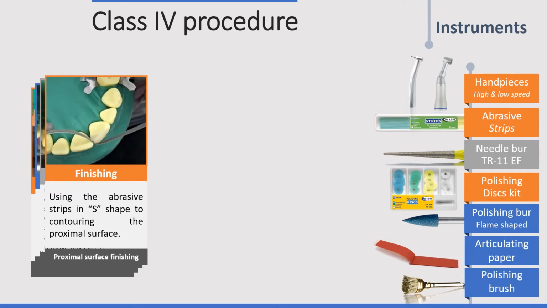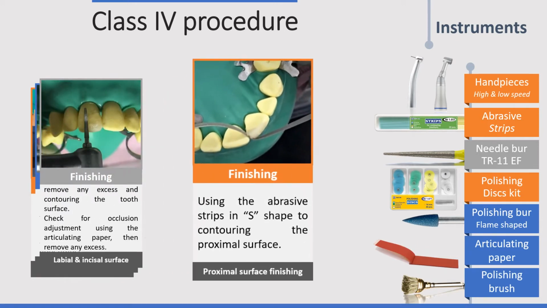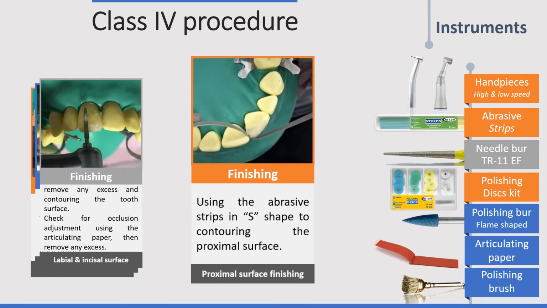For finishing and polishing, the instruments we will use are high and low speed handpieces, abrasive strips, needle bur, polishing diskette, flame-shaped polishing bur, articulating paper, and polishing brush. Use abrasive strips in an S-shape for contouring the proximal surface.